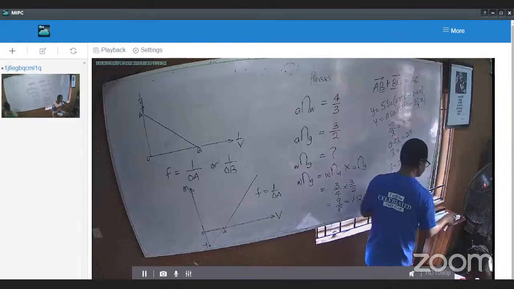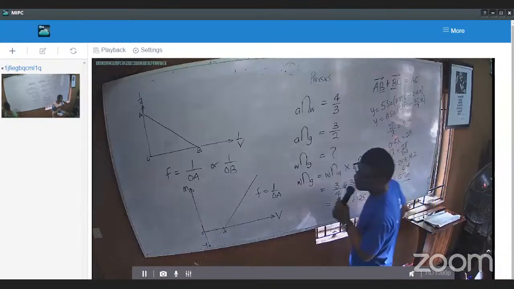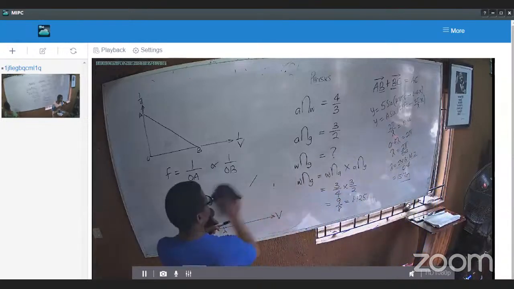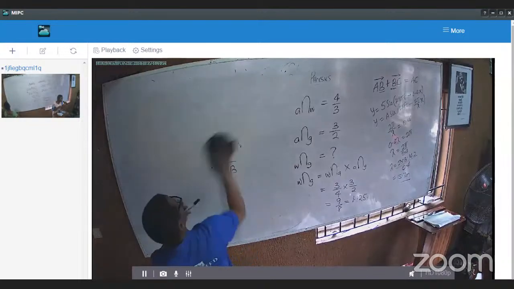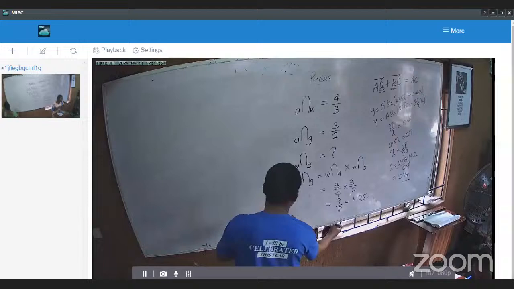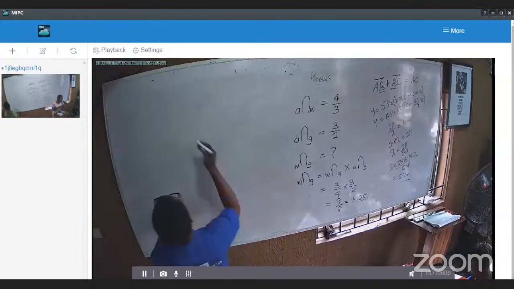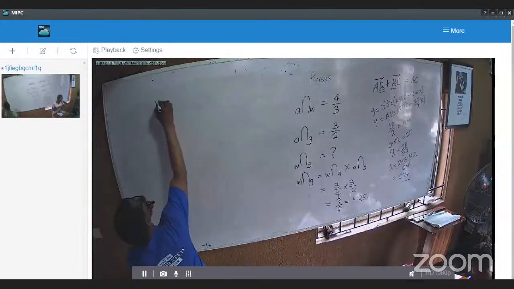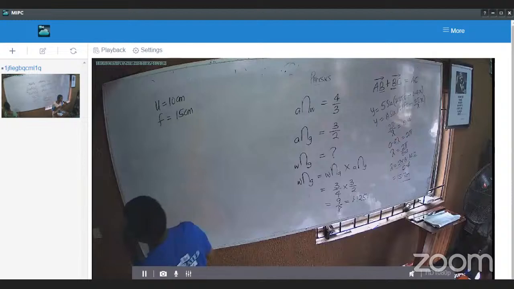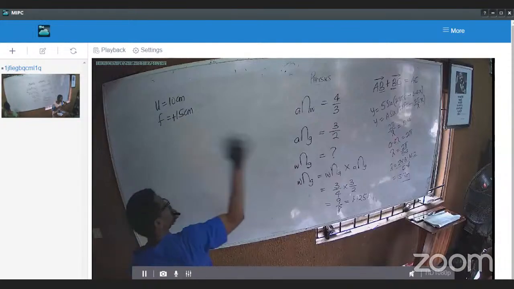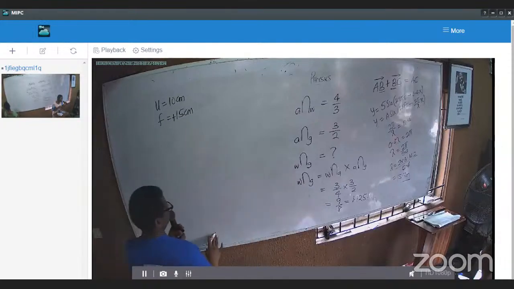Are we through? What's the answer? Read the question. 10 centimeter. Yes. Focal length 15 centimeter. See, anything converging in this world, whether it's a lens or a mirror, must have positive focal length.